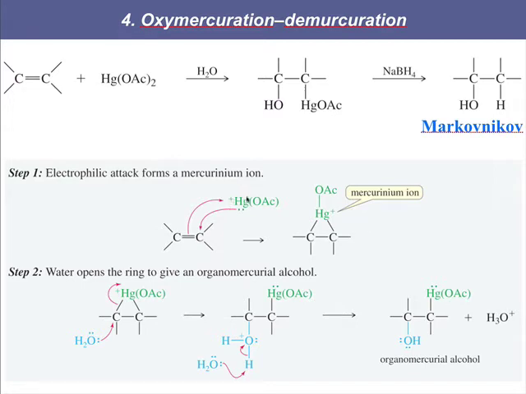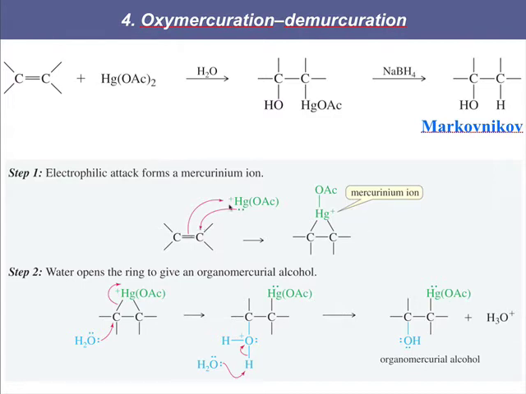Now, there's a second concomitant step along with that. Because mercury is such a huge atom, and it's got such an enormous electron shell filled with all kinds of electrons, it's got d orbitals and things all over the place, that giant mercury atom adds electron density back into the alkene that just gave up some of its pi density.